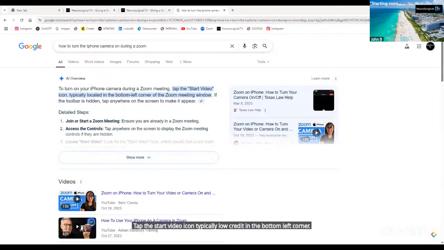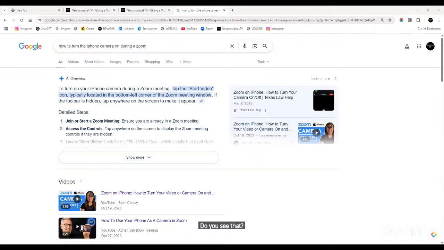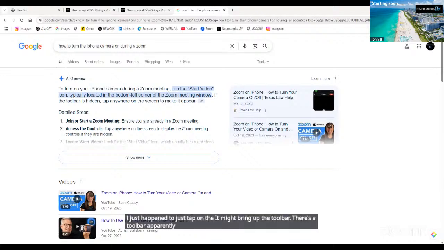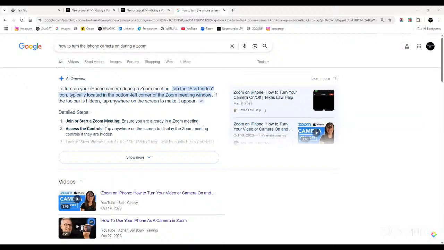Do you see that? I cannot show my cam here. Okay, just tap on the screen. It might bring up the toolbar. There's a toolbar apparently you can't see. Just tap on the screen, it should appear. I did, but nothing happened.